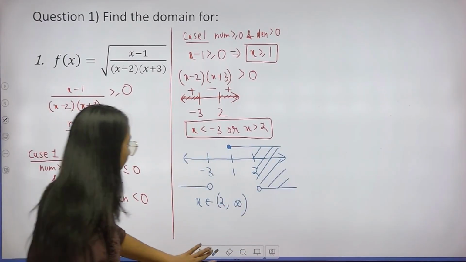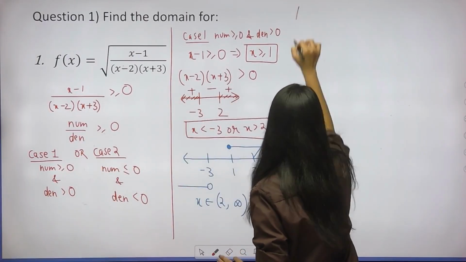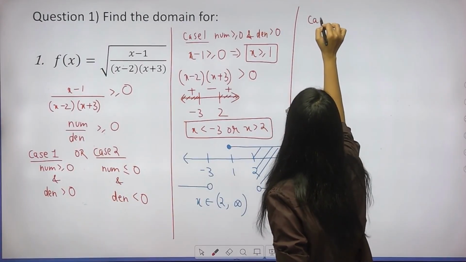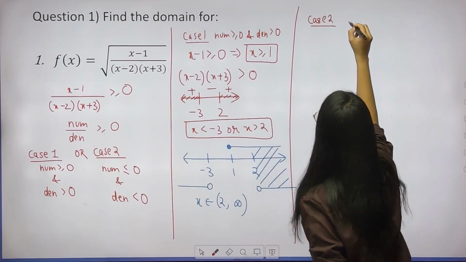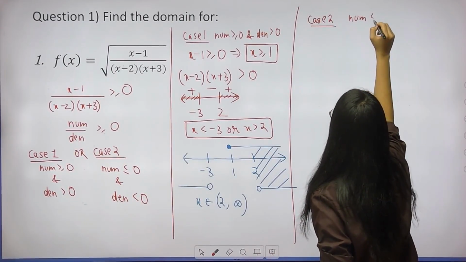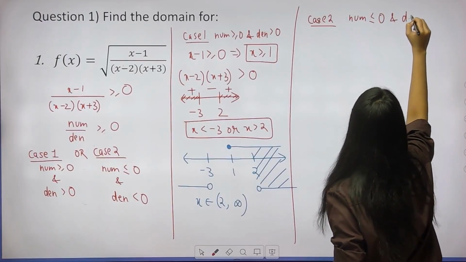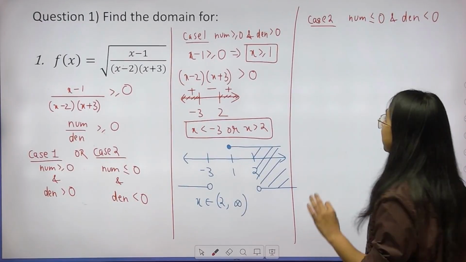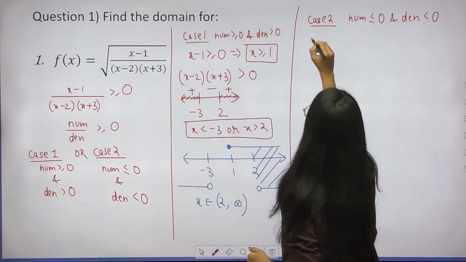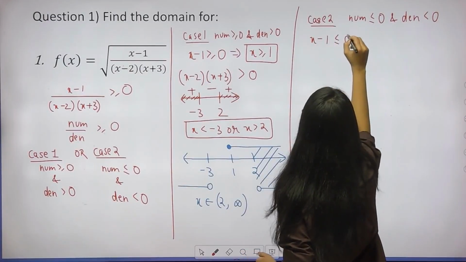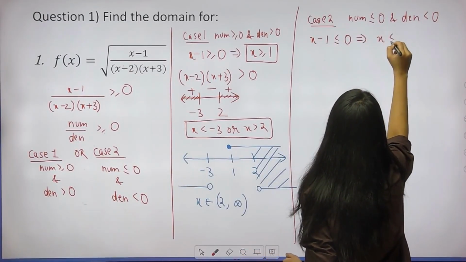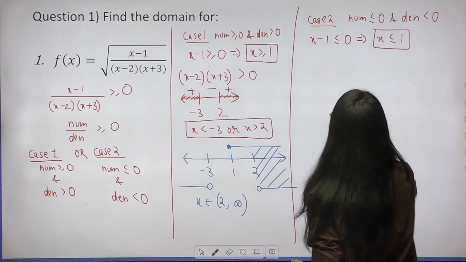Got it? Now let's do case number 2. Case number 2 says that numerator is less than or equal to 0 and denominator is also less than 0. Got it? So which means that x minus 1 is less than or equal to 0, which means x is less than or equal to 1. Okay.